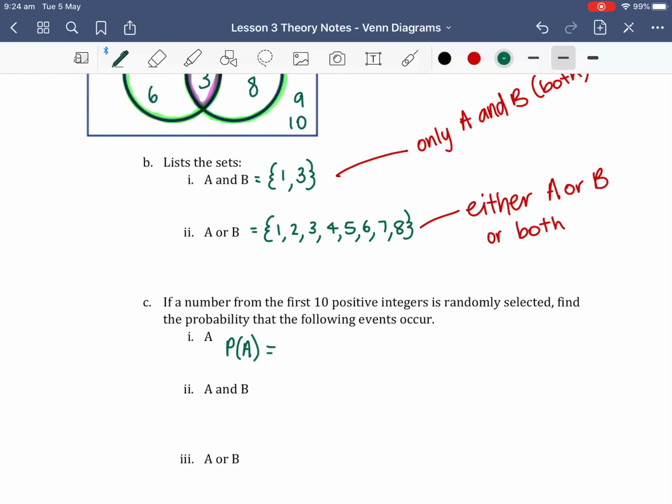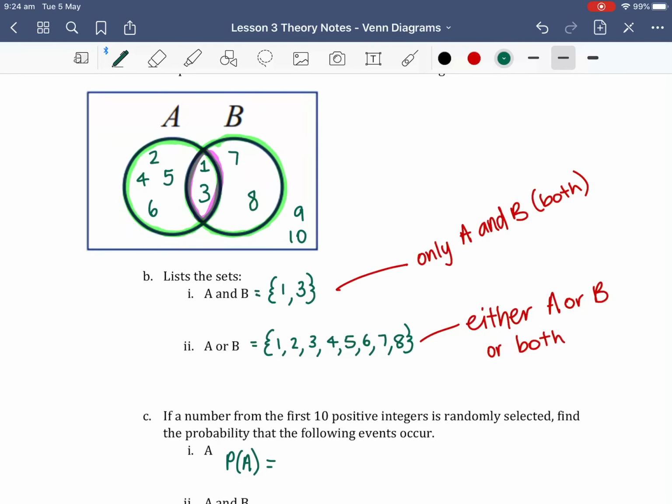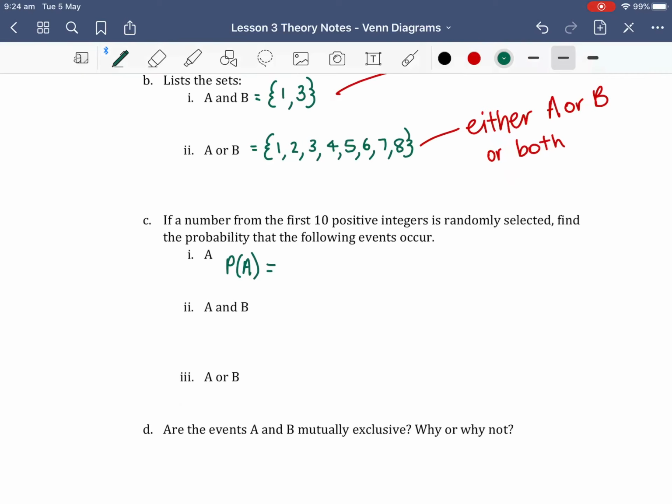It's sort of like our relative frequency, which we did last lesson. If we look back up, in A we have 1, 2, 3, 4, 5, 6 numbers over a total of the first 10 positive integers. So it's 6 over 10, which we're going to write as 3 over 5.